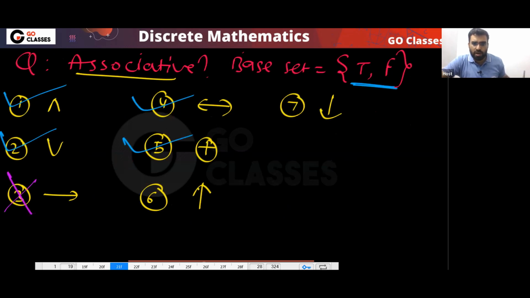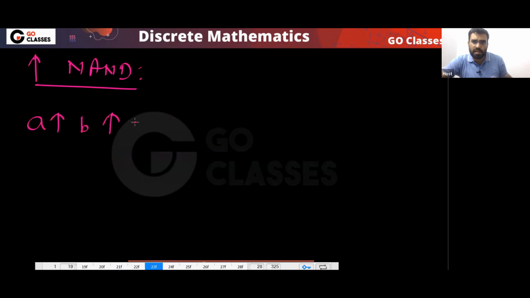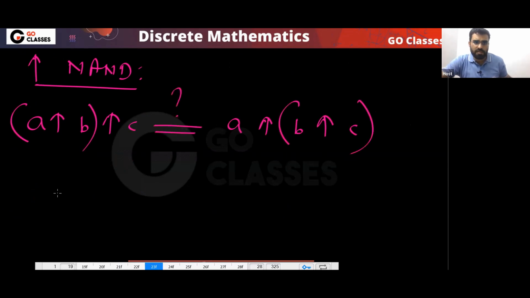And what can you say about NAND comma NOR? For example, if I give you A NAND B NAND C, is this the same as this? Are they the same?